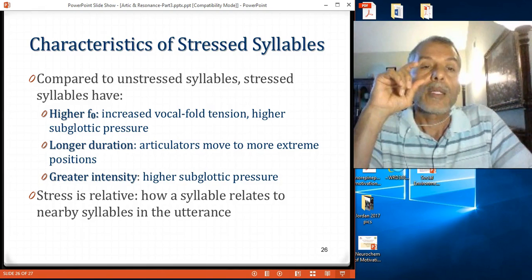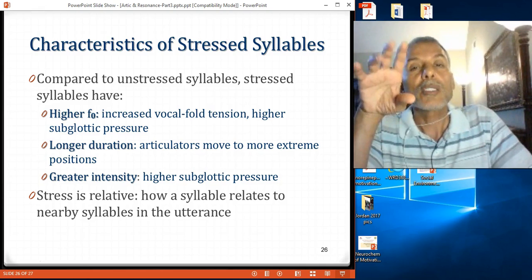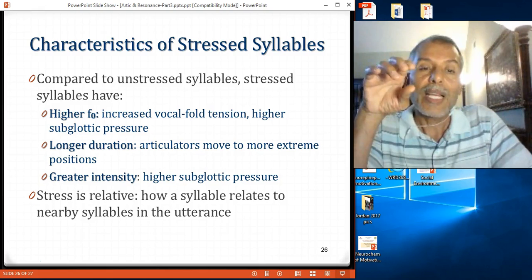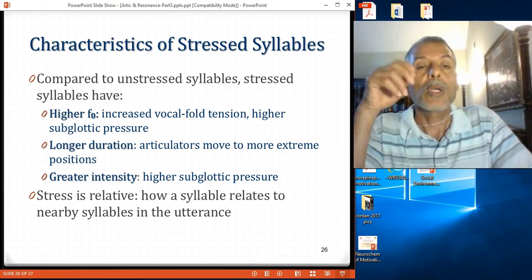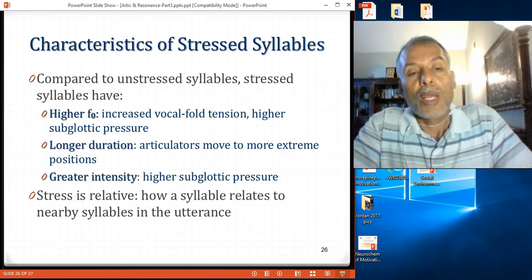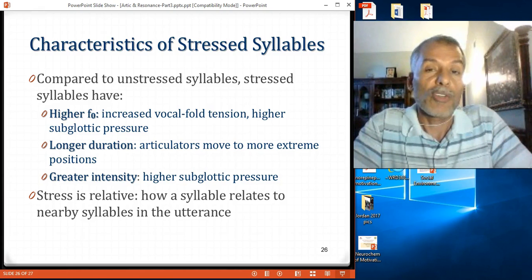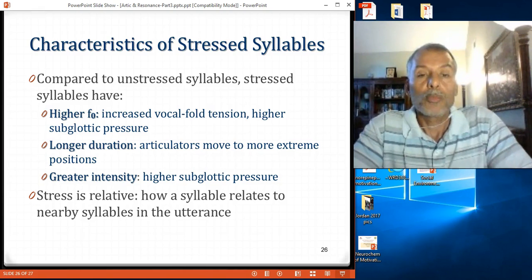Stressed syllables also have a longer duration because they typically have a tense sound, so the articulators move to more extreme positions when you make longer duration sounds. And then greater intensity: they are relatively louder when you produce them.